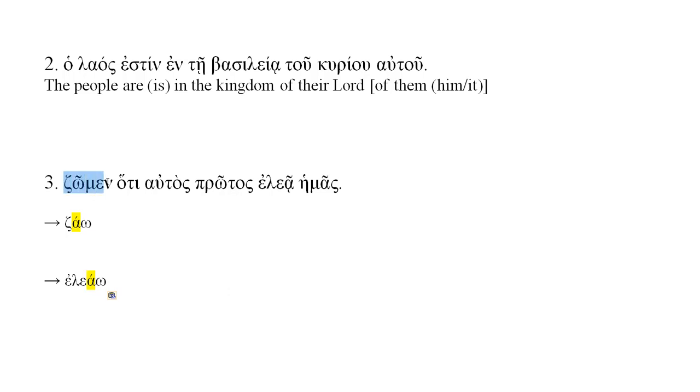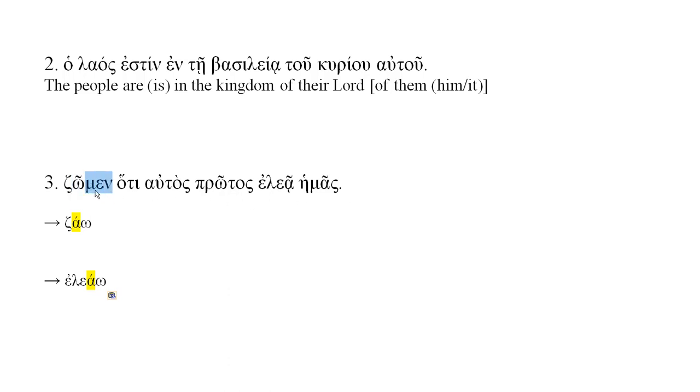We have zomen. Okay, so now we see that there's an omega there. So what may have happened to turn that alpha into an omega? Well, notice the ending here.